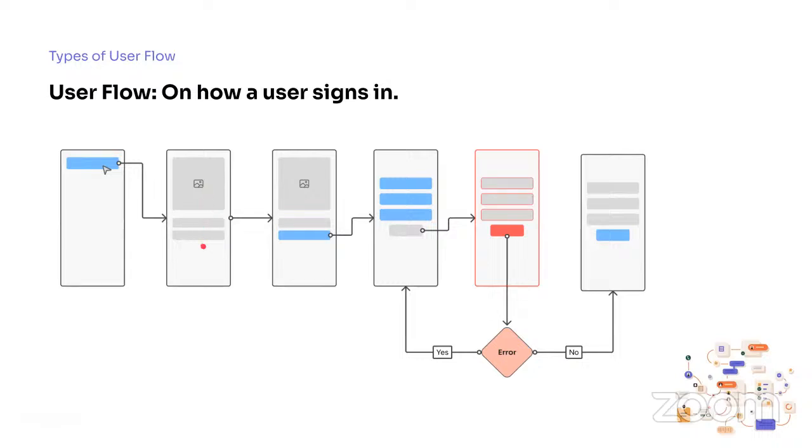This is the home page. You click on the sign in button, and it takes you to where you put in your details, maybe your email address, password, and whatever. Then you click on create account or sign in, whichever option you're trying to work out.